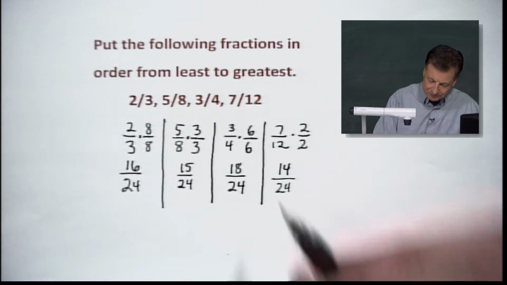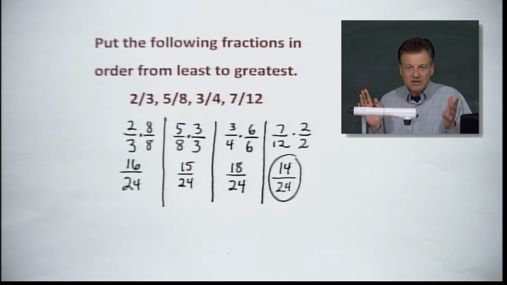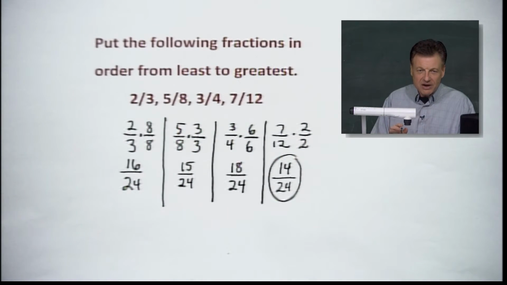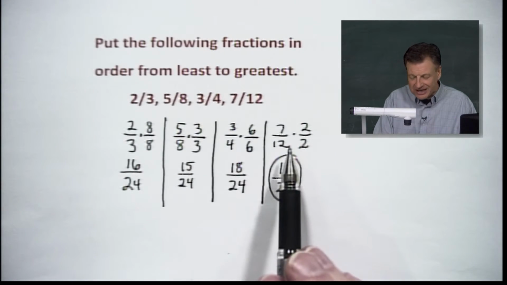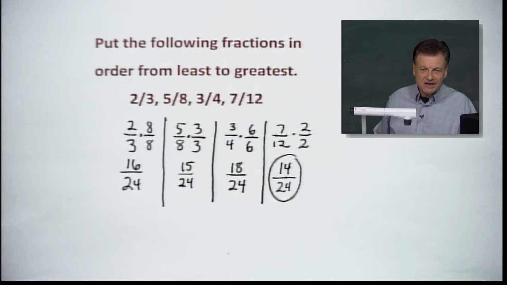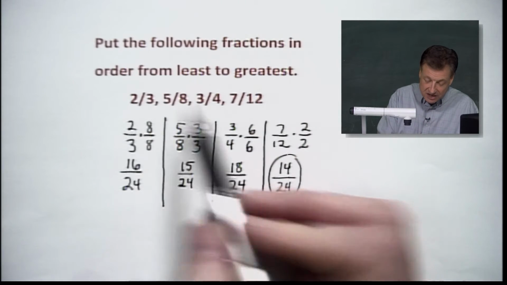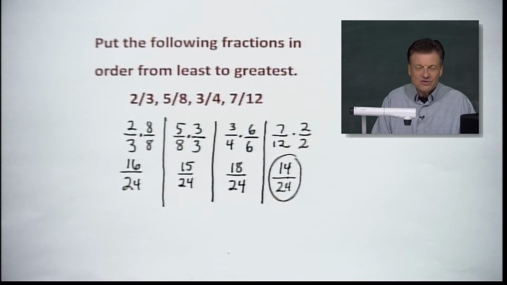So let's place it. This one, by the way, why do we do the common denominator? So we can compare. We can compare. And some of you are already thinking, oh, benchmark fractions. Well, 2/3 is a kind of benchmark fraction. But a lot of times we don't think of how 2/3 compares against 3/4, although we do know it's a little bit smaller, all right? Because this is like saying 75 cents, 75%, or 75 hundredths when we think of decimals.